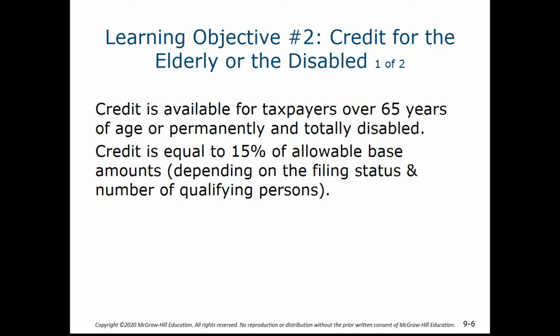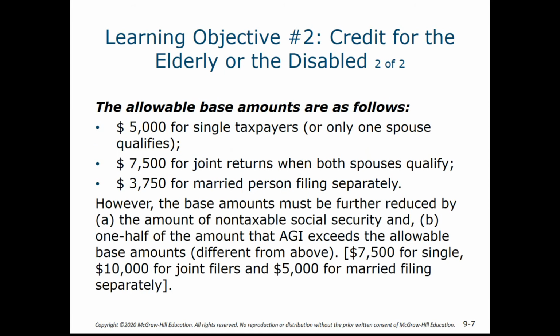These are for taxpayers who are over 65 or permanently and totally disabled. The allowable base for the elderly tax credit is $5,000 for single, going up to $7,500 for joint when both spouses qualify, or $3,750 for married filing separately.